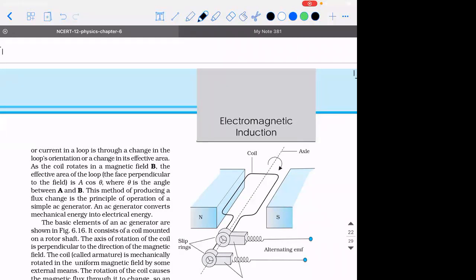Where do we generally use alternating voltage? No need of rotation.